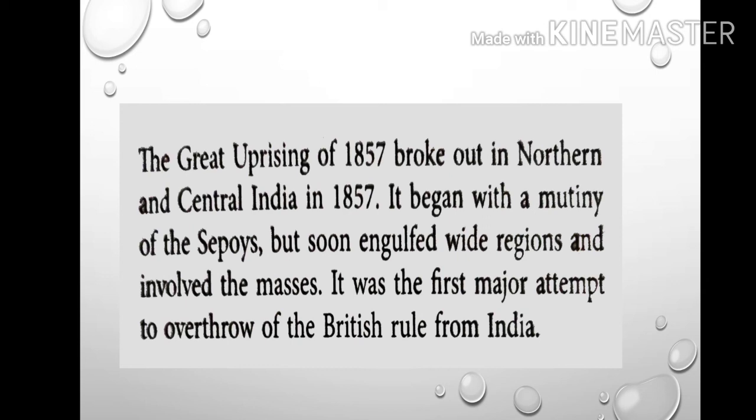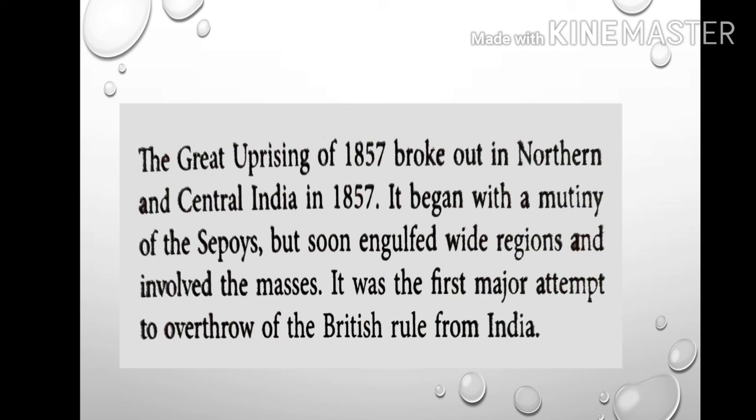As we read, the 1857 revolt is the most important among all the rebellions that happened during the period of 1767 to 1857. Why was it important? Because it was the first major step to overthrow the British rule from India, and it involved masses. It broke out in northern and central India.